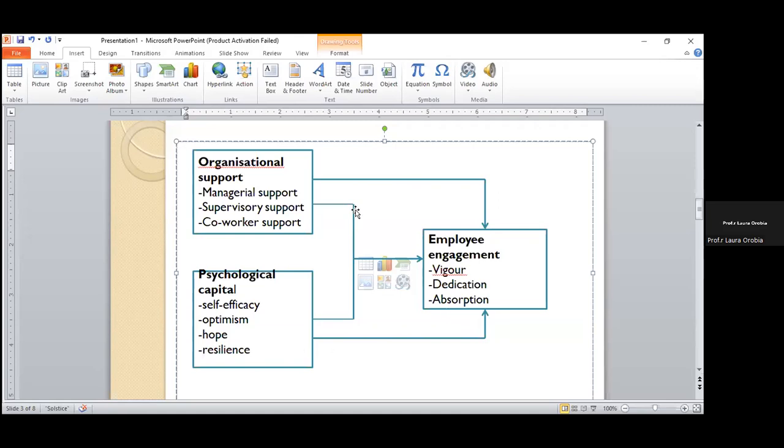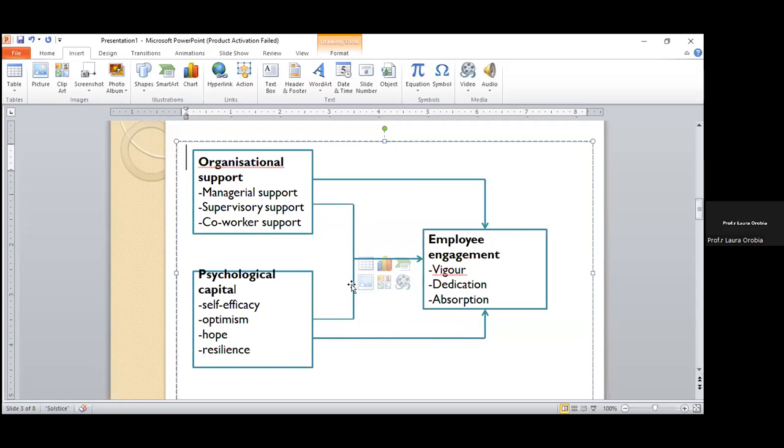Then we have that arrow in between. It takes both organizational support and psychological capital, then there's that straight arrow to employee engagement. What does this mean?